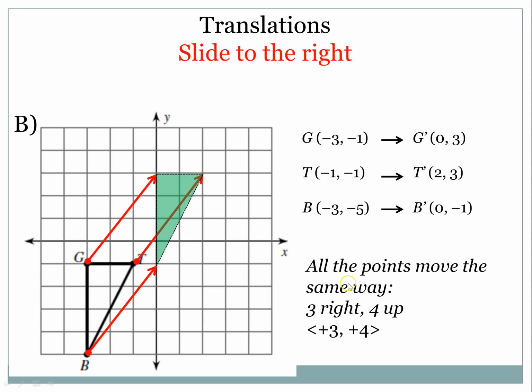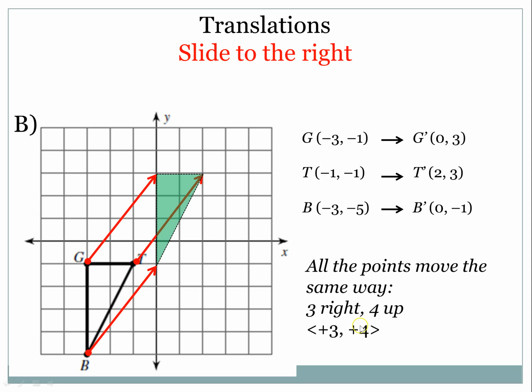And to show that change, we can write a vector, and vectors are always inside of these pointy parentheses, or some people like to call them the greater than or less than signs. It's how we show that we're dealing with a vector. And +3 means that we went 3 right, and +4 means that we went 4 up. So the first number in the vector changes the x coordinate, so -3, +3 gives us 0.